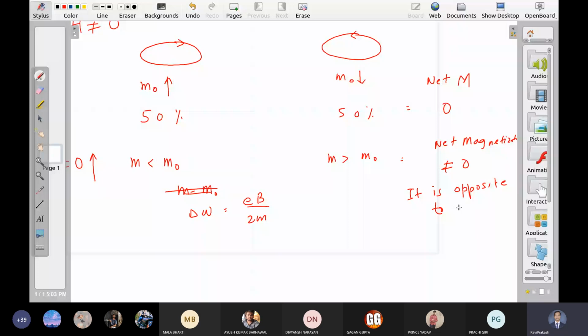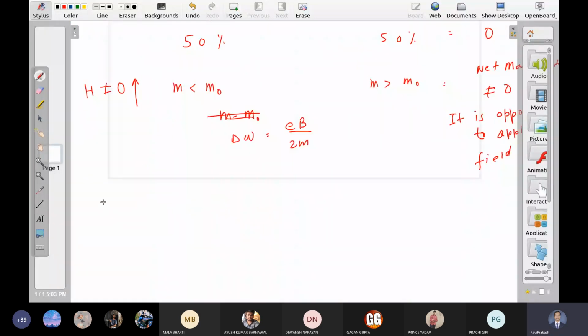What is the net magnetization? Per atom, it is the change in magnetic moment. How much is it? Let me see from the book itself. It was eV upon 2m. Delta omega is this. How much is delta m?